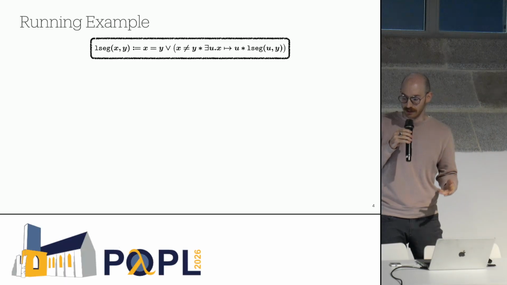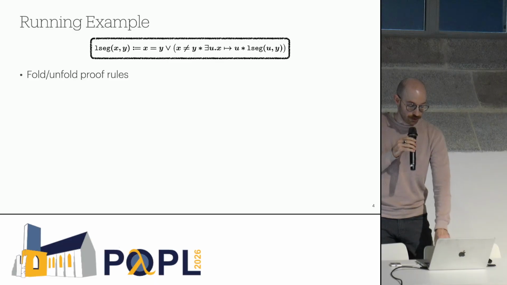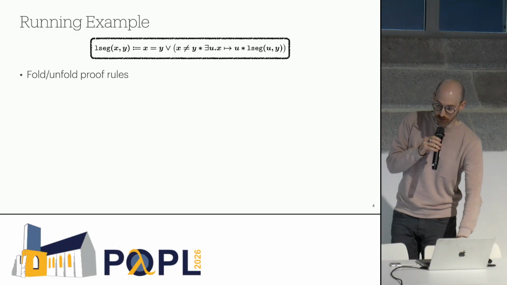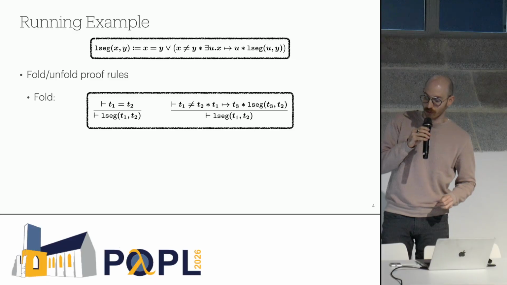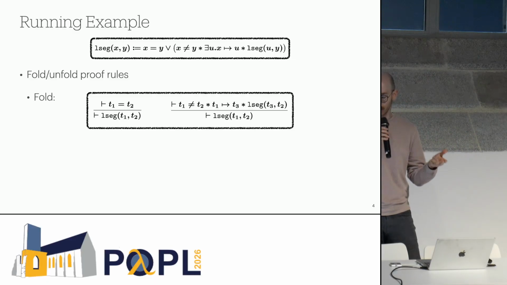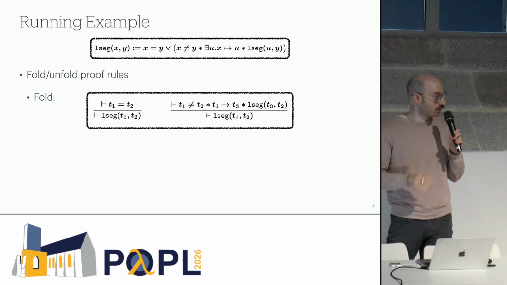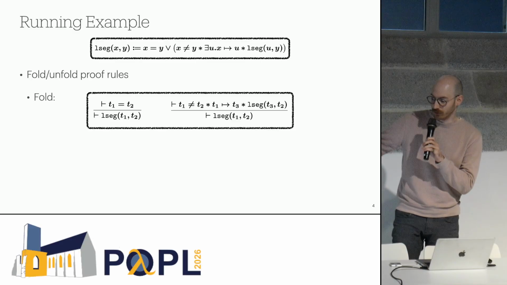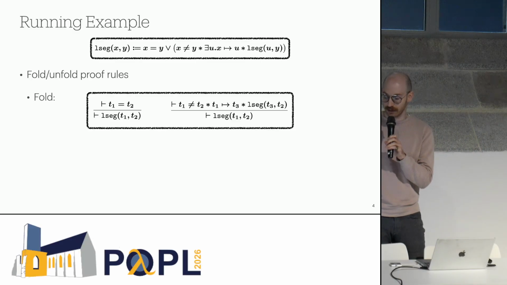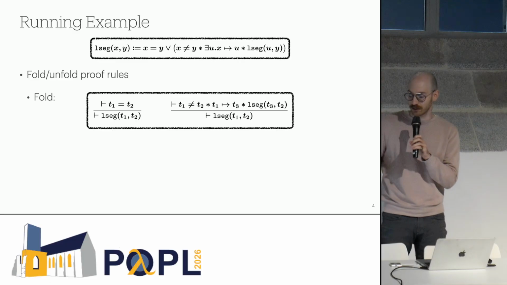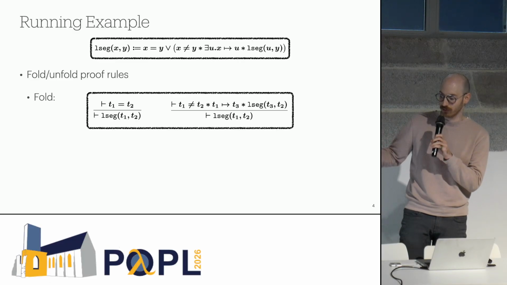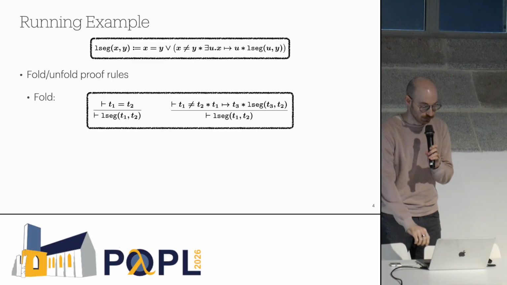This inductive definition gives us the following proof rules with unfold-and-fold. For fold, we have these two rules. If t1 equals t2, we can deduce lseg t1, t2. And for the other part, if t1 is distinct from t2 and points to some t3, where lseg t3, t2, we can also deduce lseg t1, t2.